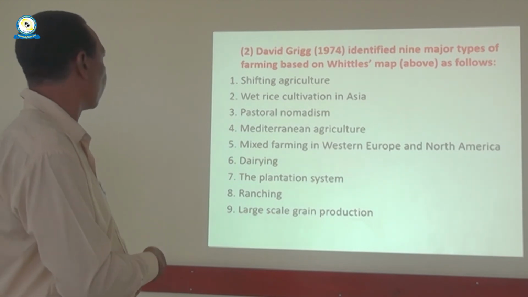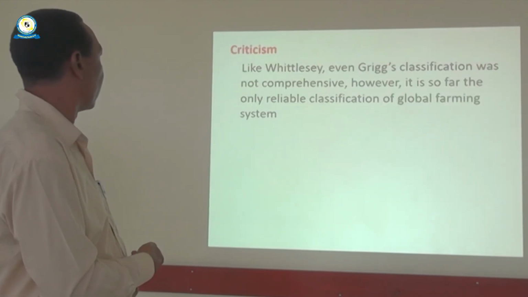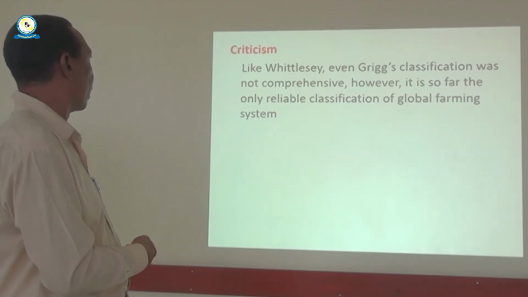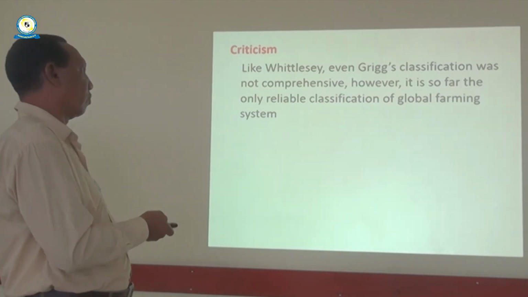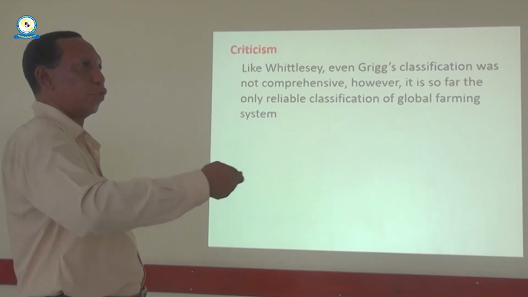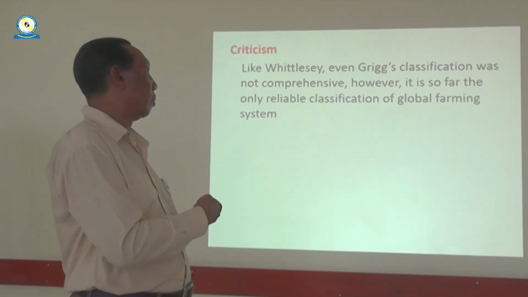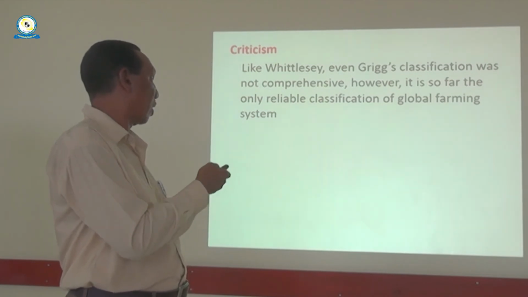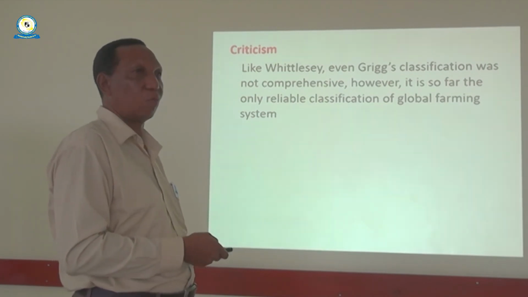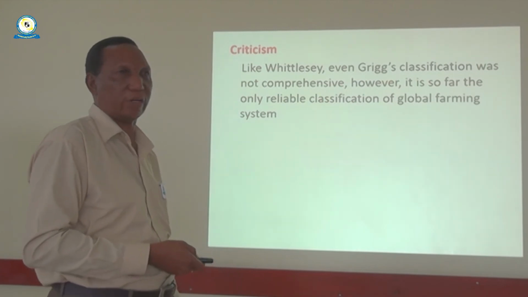In this case, what do we do? Well, Grigg has done something because at least he has pushed one step forward from what we left. So in most cases, Grigg's classification is the one which is used in contemporary times.